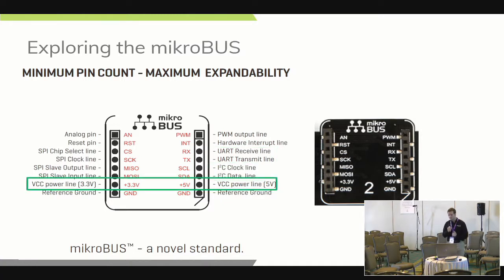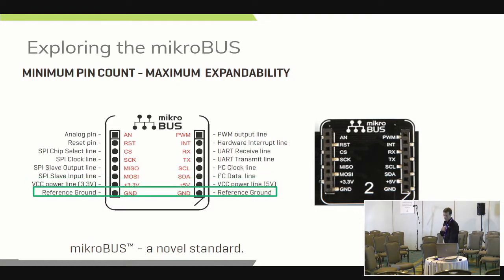You got the VCC power line because some clicks operate off of 5 volts, others 3.3 volts. So depending on what click module you're targeting, it'll work for either. And then, of course, your ground. And on the right-hand side, it's kind of like a little picture of how this MikroBUS is implemented on a Click Mezzanine board that we offer, which I'll get into in a second.